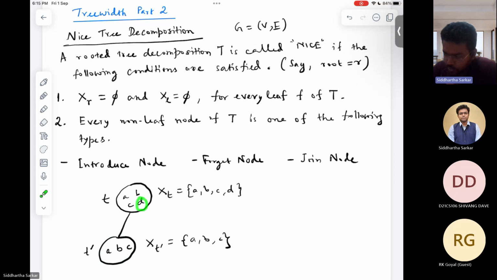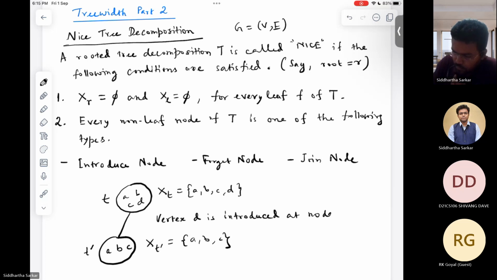That means this vertex D is introduced at T. Then we will say that T is an introduced node, and in this case, the vertex D is introduced at node T. I hope this is clear.